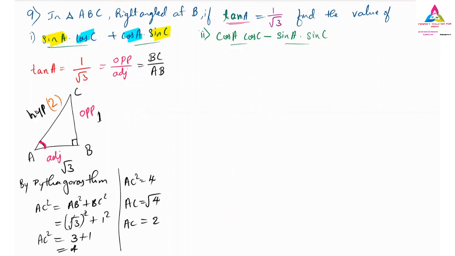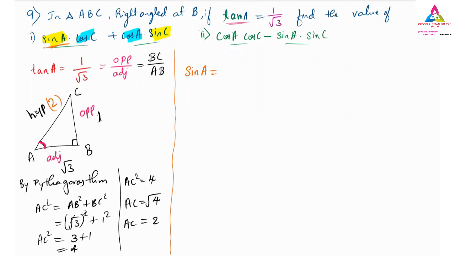These are the three values required. Now, very importantly, we have to find the sine and cos in terms of A. First we will go for sine A. Sine A is opposite by hypotenuse.